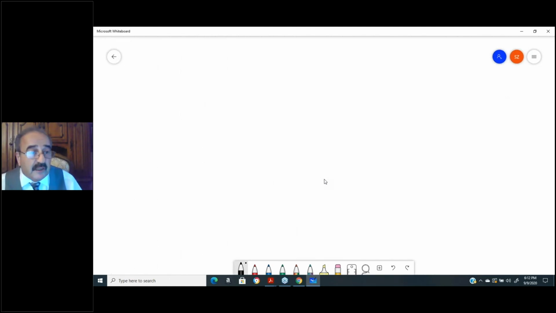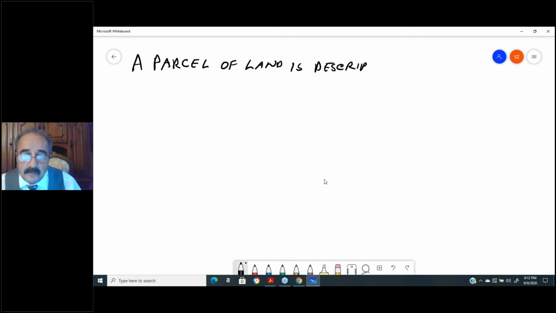A parcel of land. I knew it didn't look right. Of land is described. Oh, check undo.